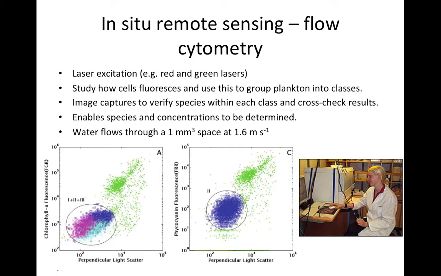So this enables species and concentrations to be determined very quickly and very easily, and you can see someone here operating a flow cytometer. These are relatively small pieces of equipment, and you can have them on ships, on research vessels, so you can immediately analyse your sample as soon as it's come from your Niskin bottle.